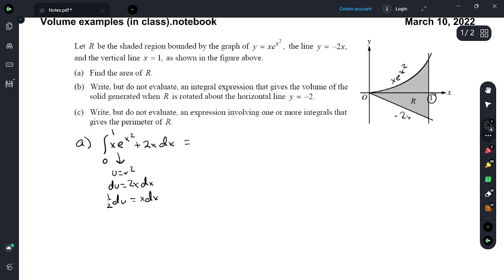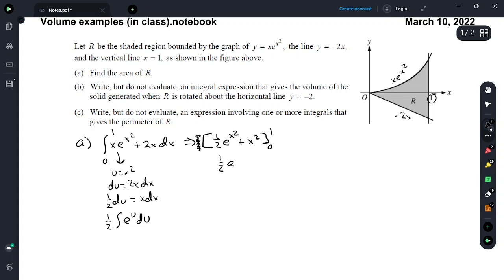So now we replace x dx with 1/2, and then we would have e to the u du. The antiderivative of e to the u is e to the u, so we end up with 1/2 e to the x squared, plus x squared, and we're going from 0 to 1.